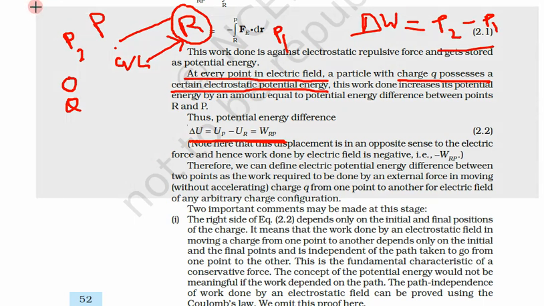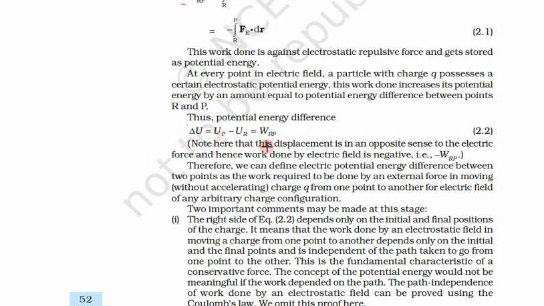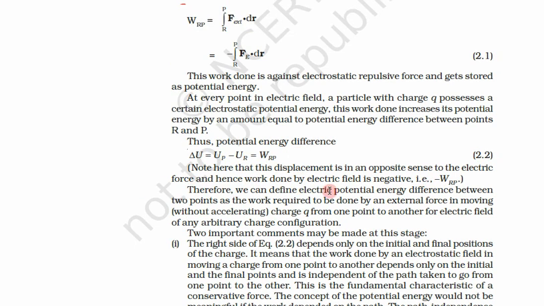Now let us see some important points. Note that this displacement is in the opposite sense to the electric force, and hence the work done by the electric field is negative.